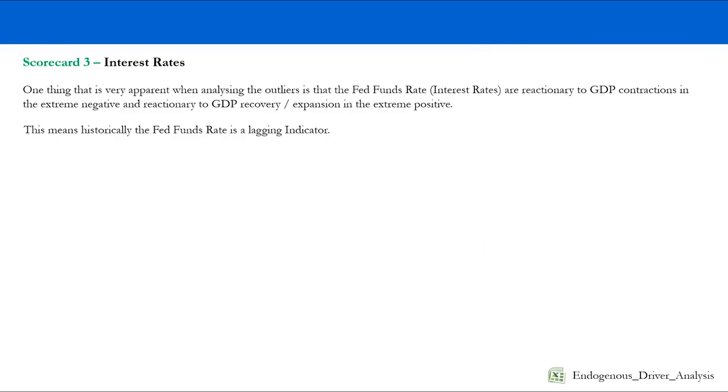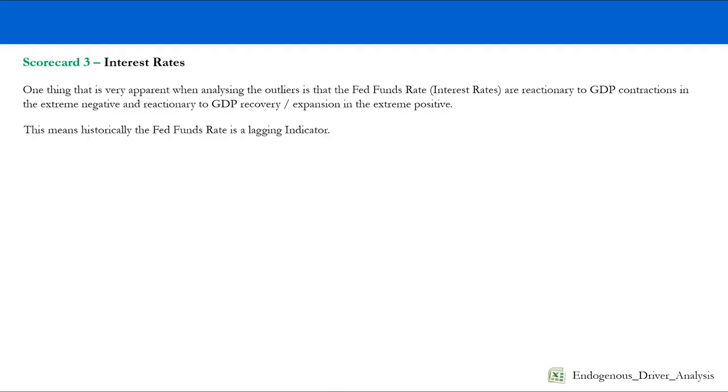Well, one thing that's very apparent when analyzing the outliers is that the Fed funds rate, so interest rates, are absolutely reactionary to GDP contractions in the extreme negative and reactionary to GDP recovery in the extreme positive. And overall, just to cement this, it basically means historically that the Fed funds rate is a lagging indicator.